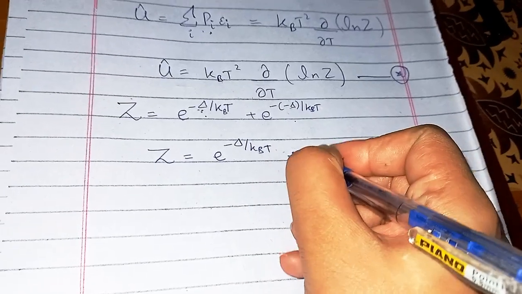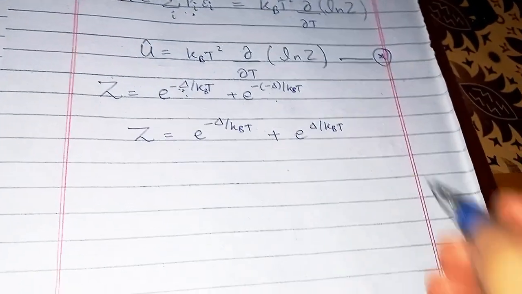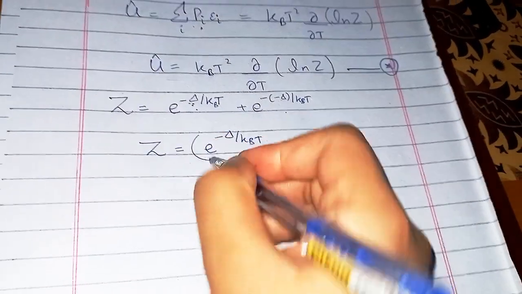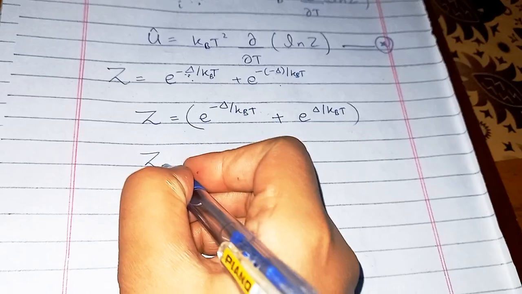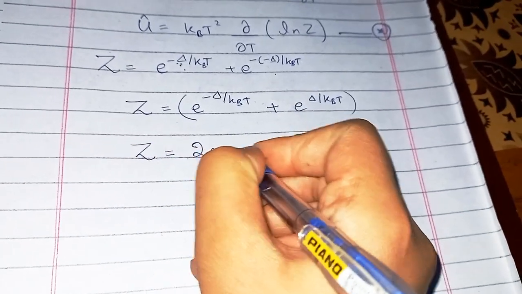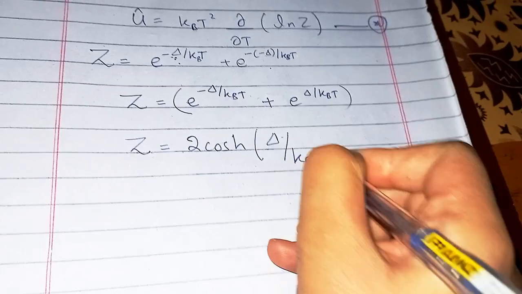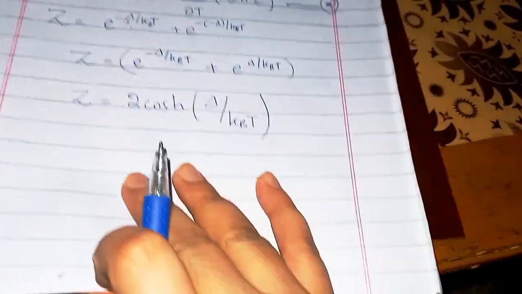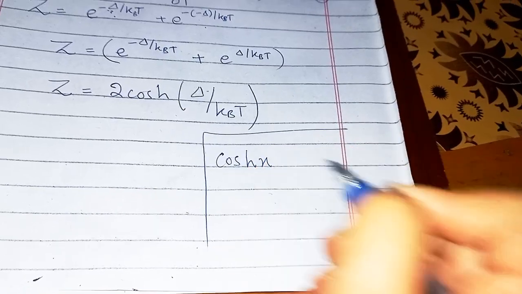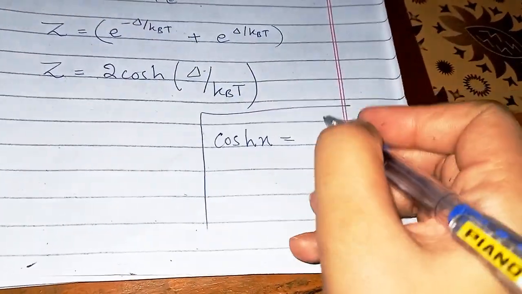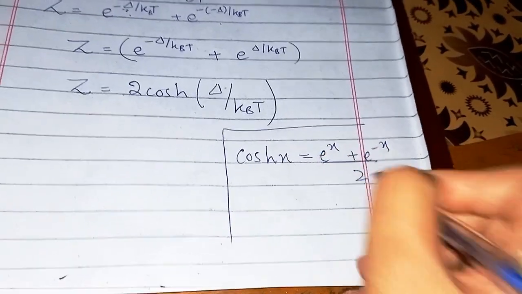So that is the partition function we have, and we can write it equal to 2 cosh of delta by k_B T. Okay, because we have this formula for cosh of x, that is equal to e to the power x plus e to the power minus x divided by 2.